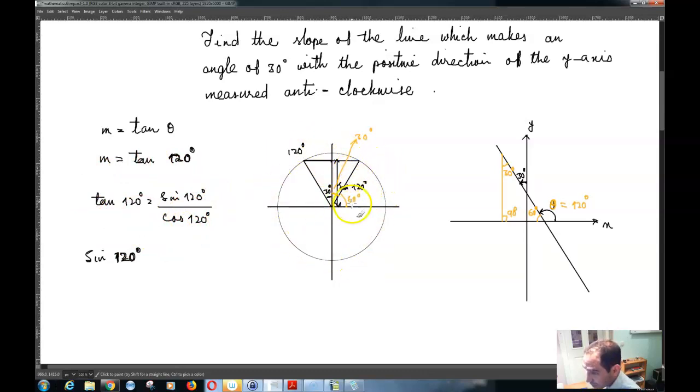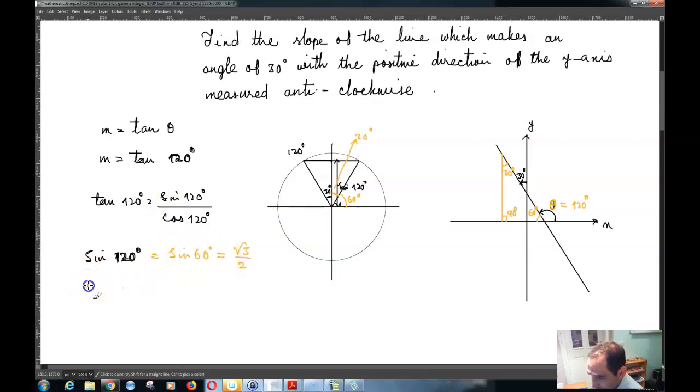So you see that the sine of 60 degrees is exactly the same as the sine of 120 degrees. So sine of 120 degrees, I can write it as sine of 60 degrees. And I already know what the sine of 60 degrees is. That's equal to square root of 3 by 2.